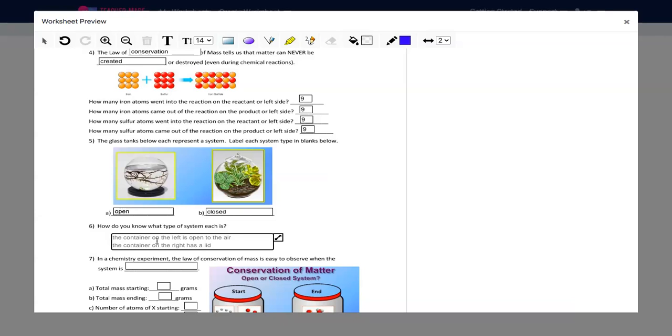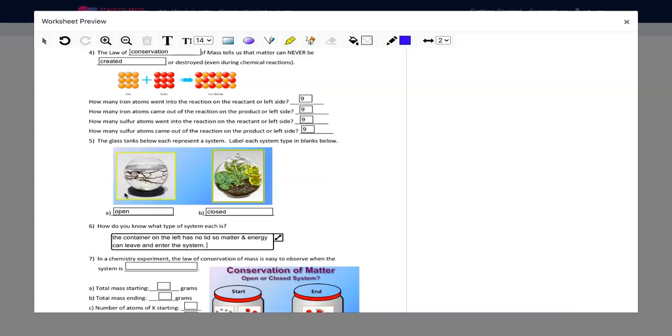The reason that we know this is that the container on the left, which is this one right here, has no lid, so matter and energy can leave and enter the system.